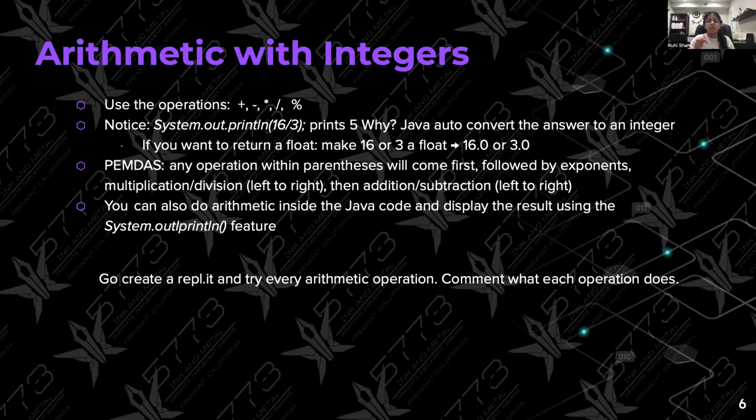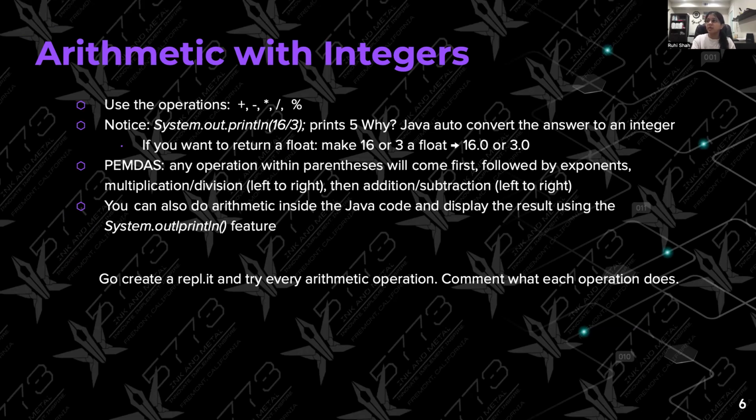So 5.33333 is not an integer, which is why it automatically rounds down to the nearest integer, which is 5 in this case. And when you have any long equation, just keep in mind you're going to use PEMDAS just like in math: first parentheses, then exponents, then multiplication and division, and last addition and subtraction.